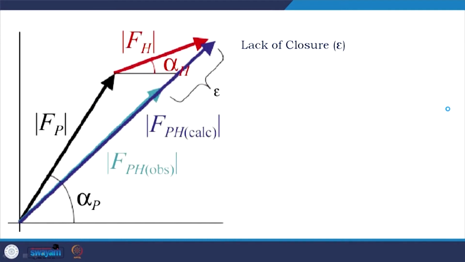Now, we consider epsilon as the lack of closure. If you see, the FH calculated is perfectly matching here, but the observed goes up to here, and the difference is the lack of closure.